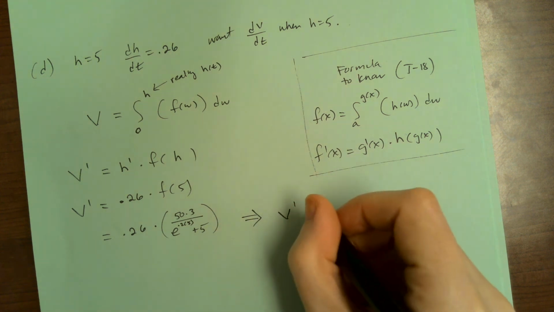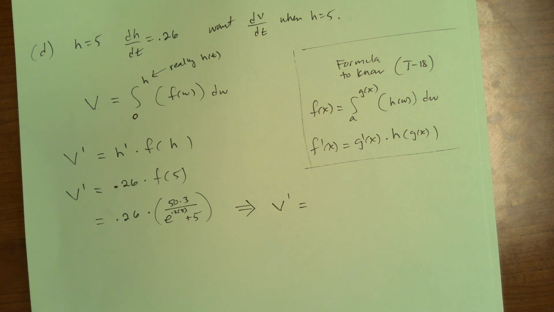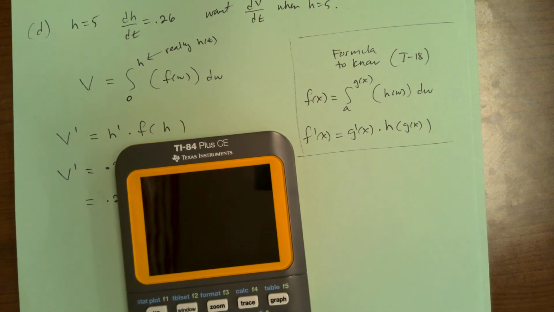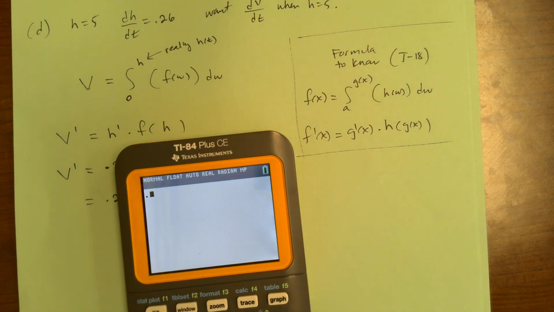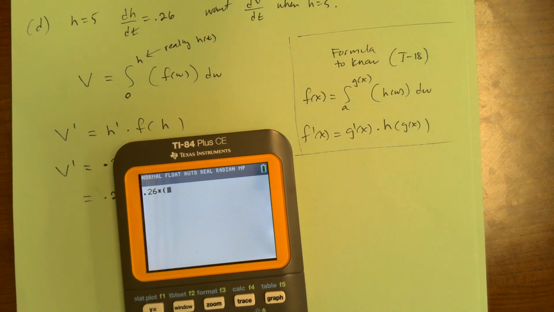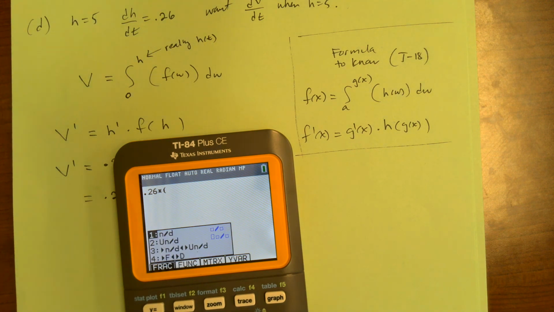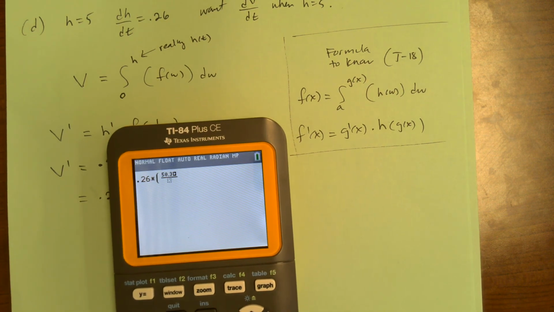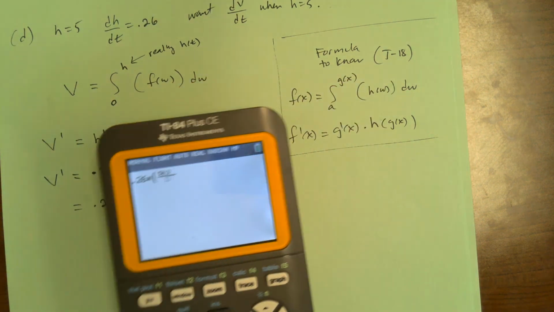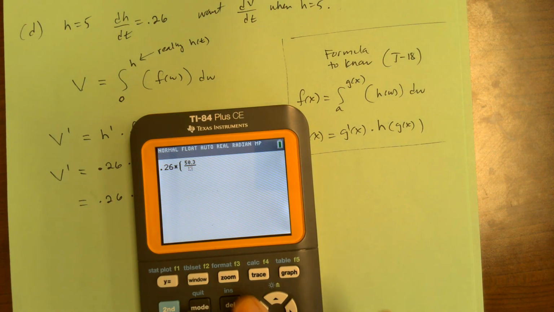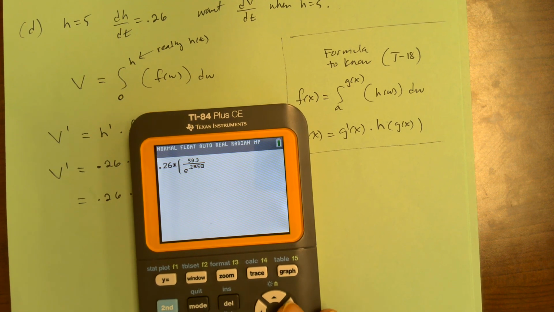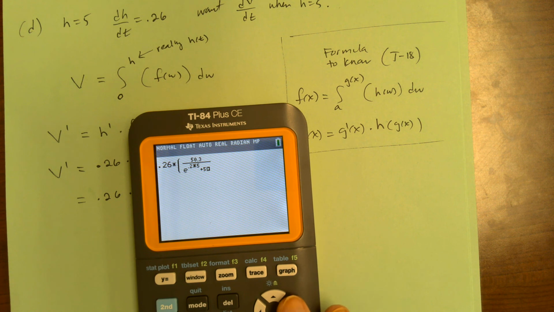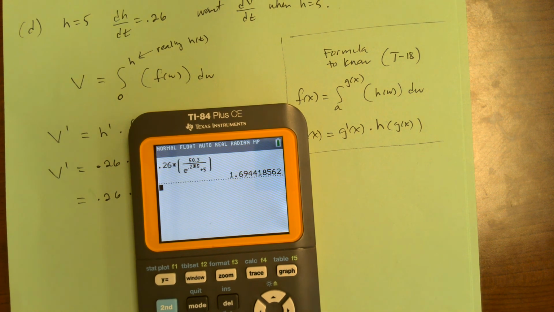I'm just thinking about notation. I think I'm fine. All right, so now I go 0.26 times 50.3 over e to the 0.2 times 5, plus 5.